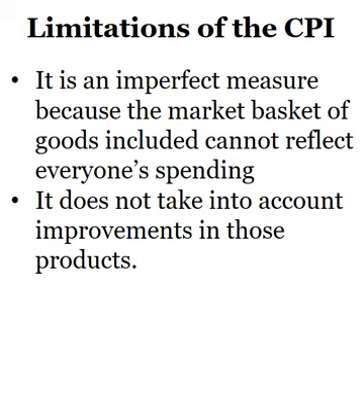The other limitation of the CPI is the idea that sometimes things cost more because the quality of the good has improved. For example, cell phones now offer a lot more than they used to. Many years ago, cell phone plans, the monthly plan, cost much, much less. But also the cell phones offered fewer services.